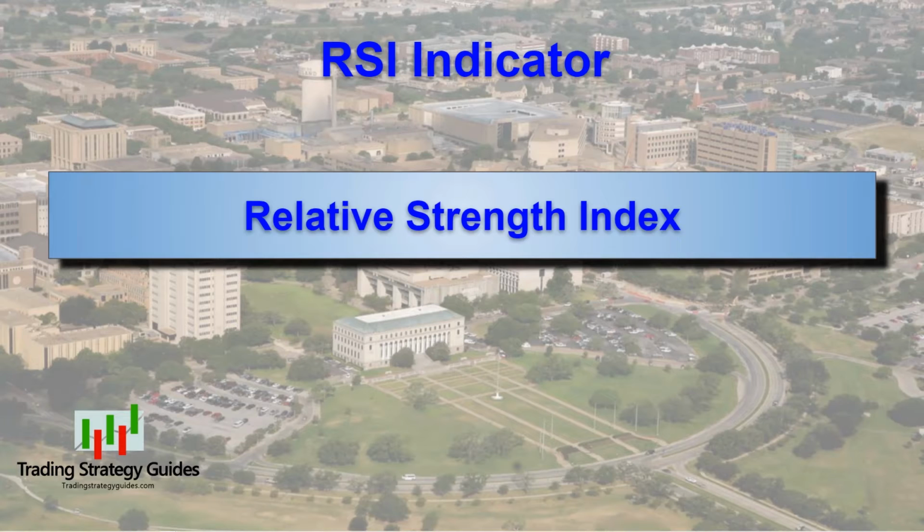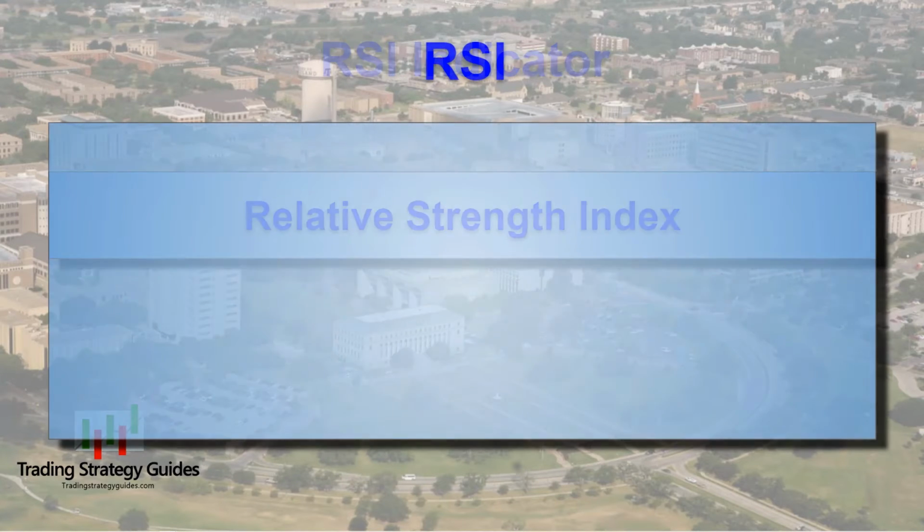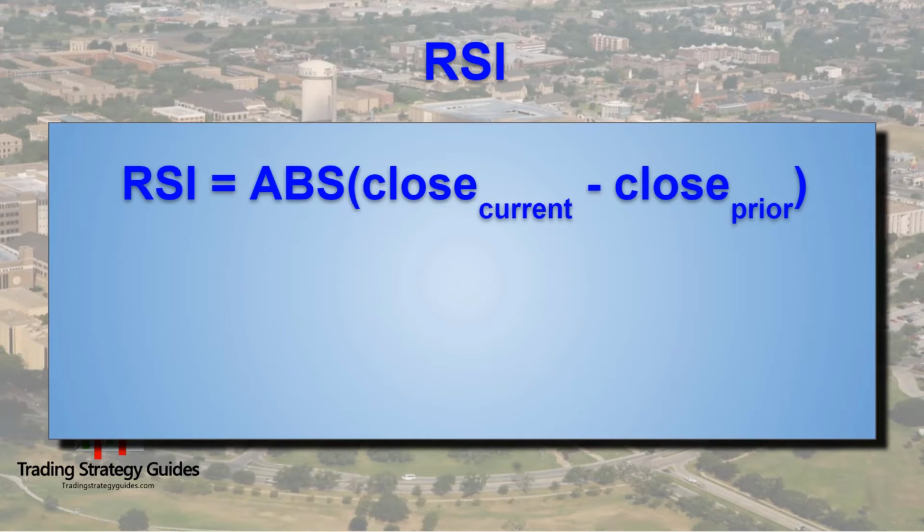The RSI is a momentum indicator and displays the strength or weakness of a market based on the closing prices of the recent trading period. As for the calculation, it is simply the absolute value of the current candle close minus the prior candle close. That means that if the candle is green, it's an up candle, and the value is the current close minus the prior close.